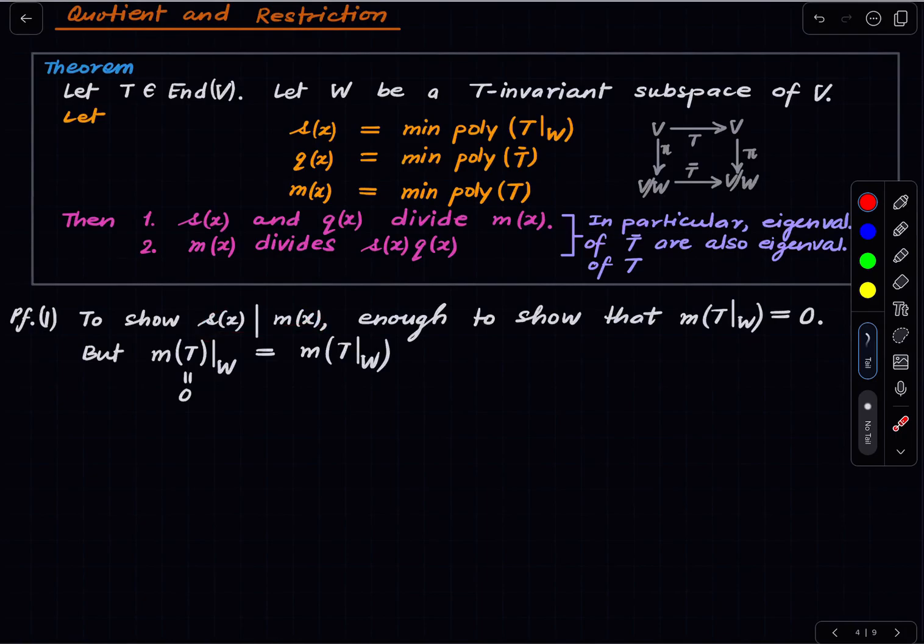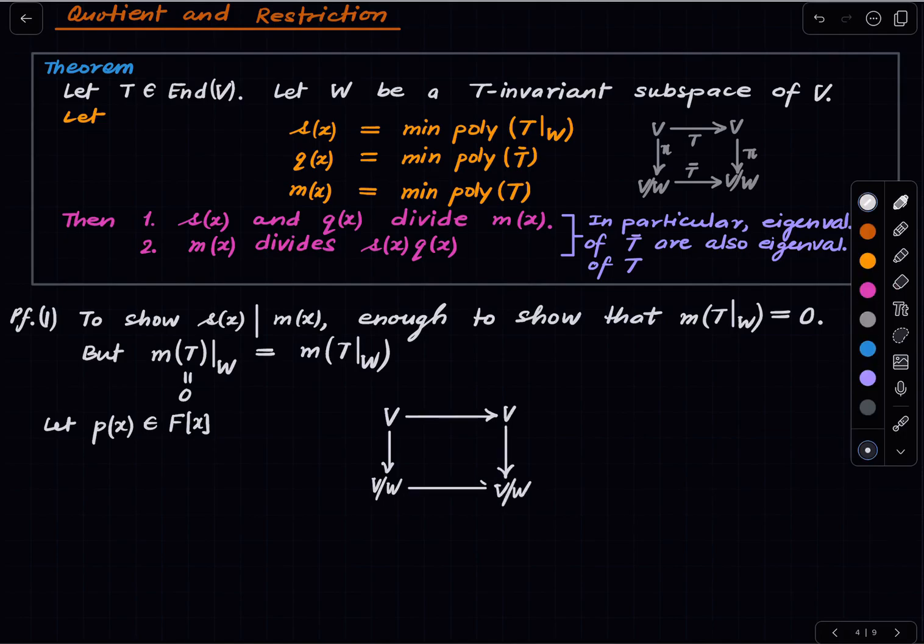And to prove that Qx divides Mx, first we will make an observation of this sort in the context of quotients. So it's a kind of side remark. So let Px in Fx be arbitrary. And we have this diagram. Okay, so you can justify that P(T) bar is equal to P(T bar).